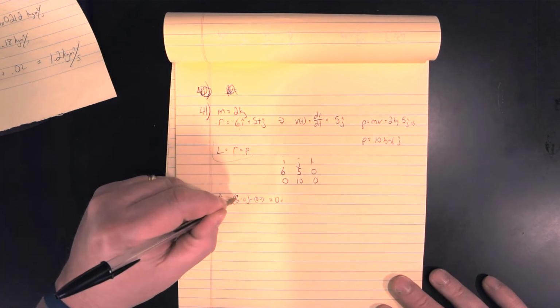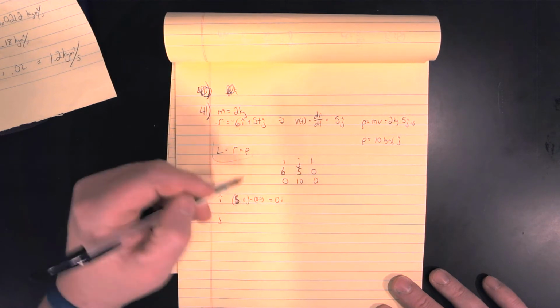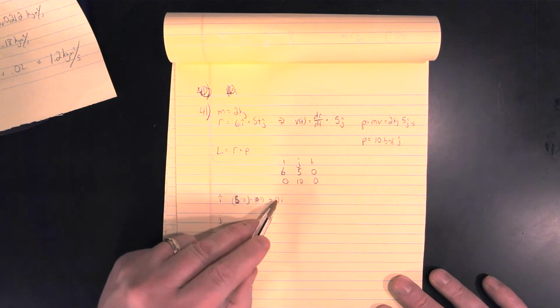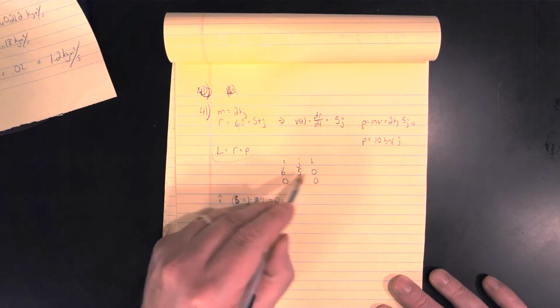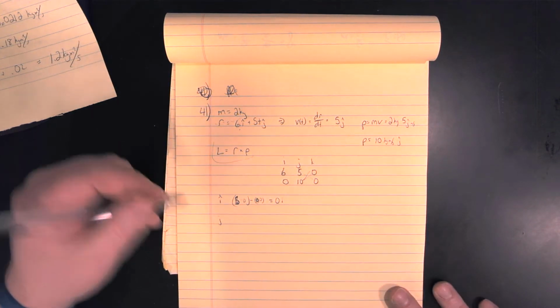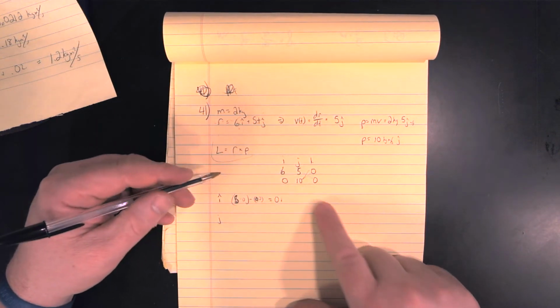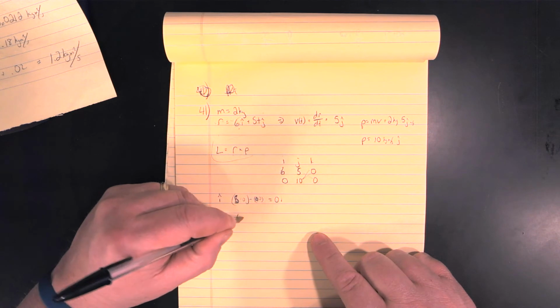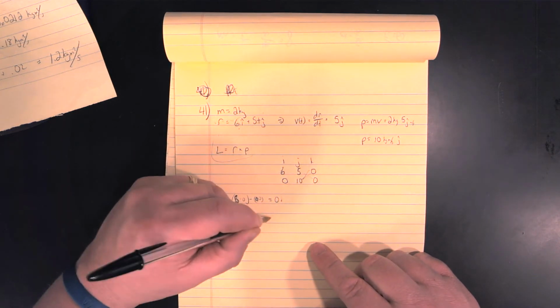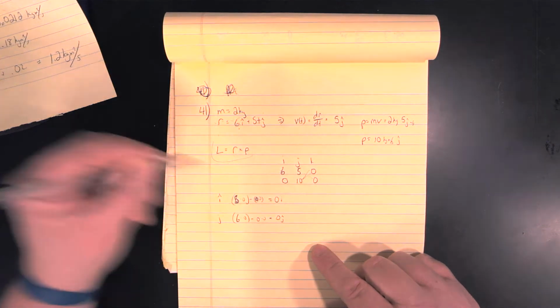This should have been 5 times 0. My fault. Sorry, 5 times 0, not 6 times 0. And then this would have been 10 times 0, but the end result is still 0 in the i hat. So we have these two minus these two. So I messed the first one up. For the j, that's the one I originally did. For the j, it's going to go 6 times 0, and then I'm going to subtract off 0 times 0. So again, there's going to be 0 in the j hat.